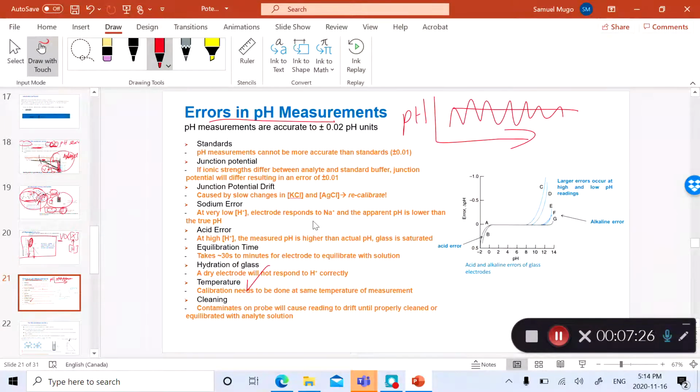Temperature is a big deal. Remember, potentiometry is an equilibrium type of technique. You're waiting for the hydronium ions to equilibrate in the glass membrane. Because it's ions moving from solution to the glass membrane, they tend to be affected by temperature. When the temperature is higher, the equilibrium time is less.